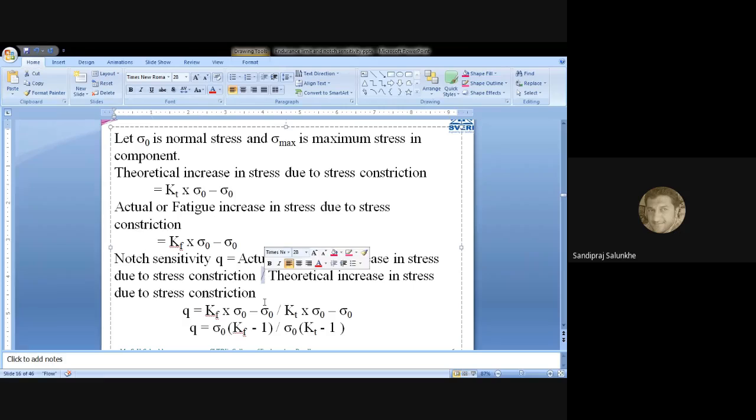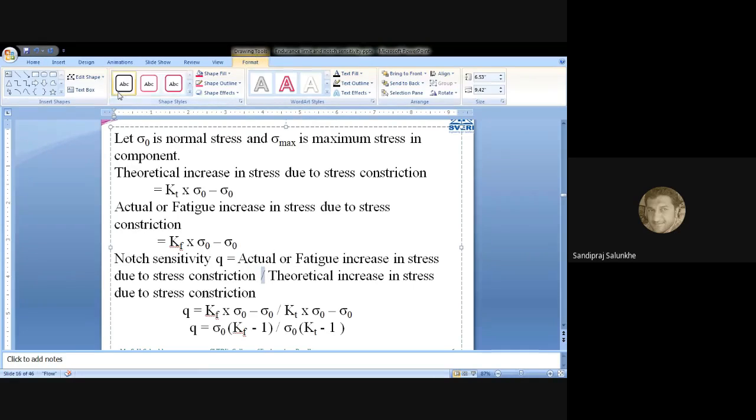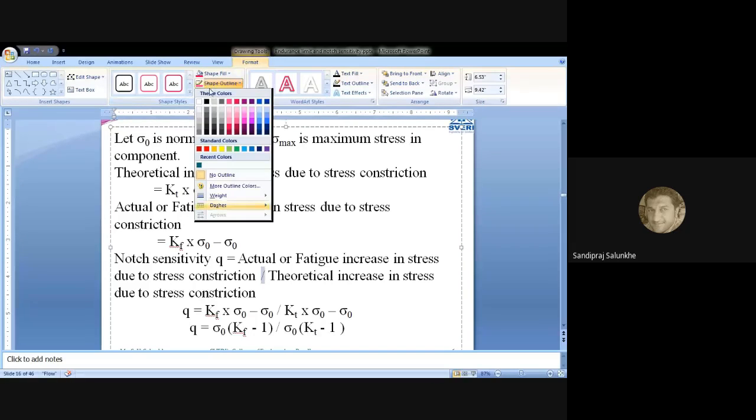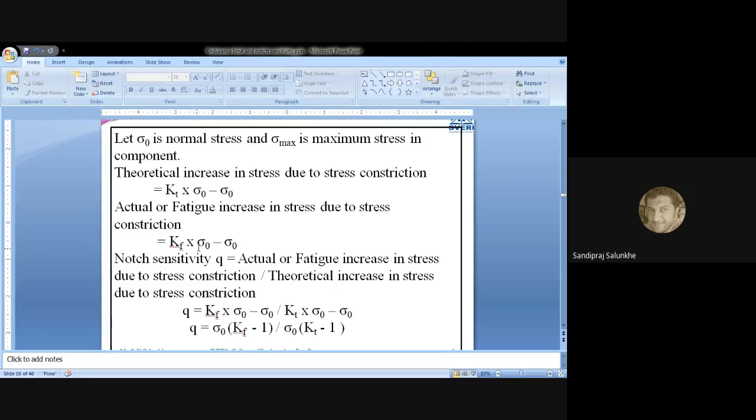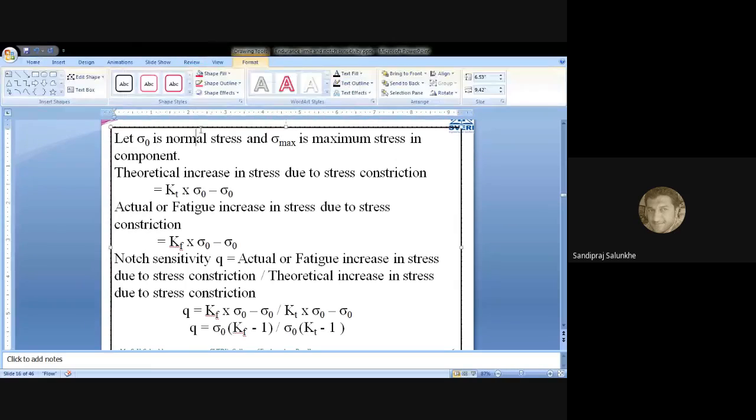And the physical significance of this notch sensitivity is that we have seen the stress which has increased because of the notch which has been created inside any plain geometry. For that we have taken the example of a plain shaft.